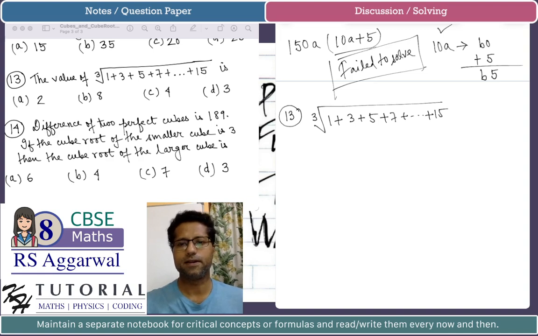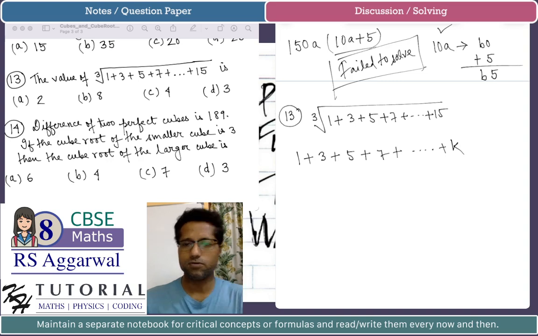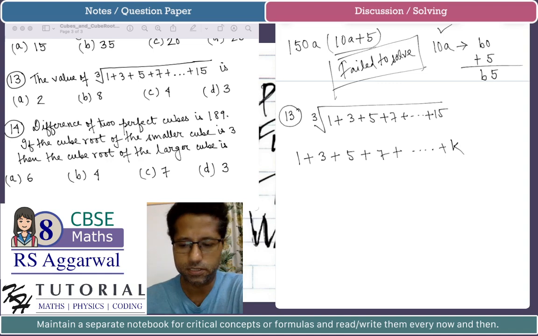Always remember this fact: if you are given a sum of consecutive odd integers, that is 1 plus 3 plus 5 plus 7 plus dot dot dot plus k, where k will definitely be an odd positive integer, then from this sum, how can you say the value of n, where this sum is the sum of the first n odd positive integers?